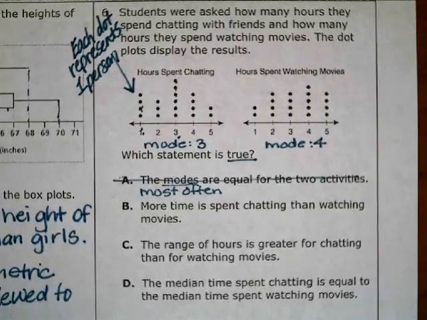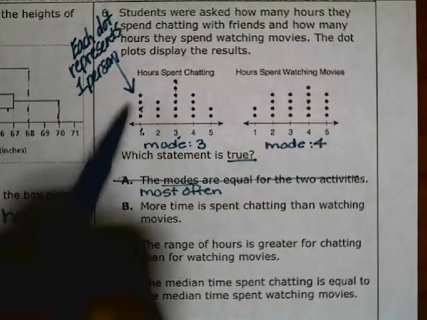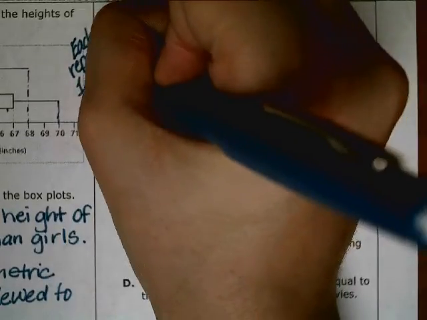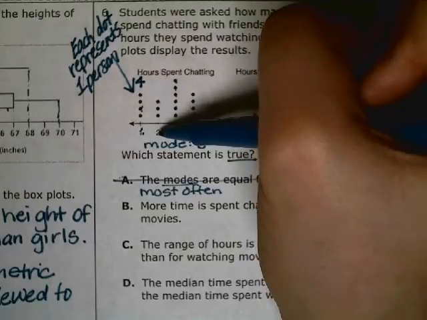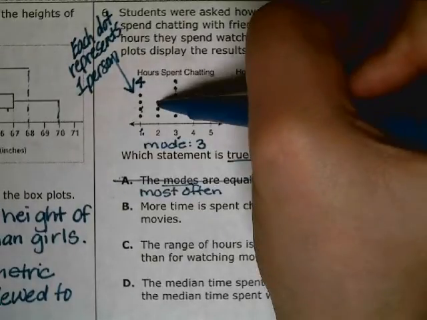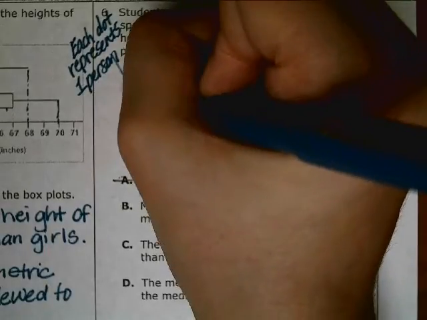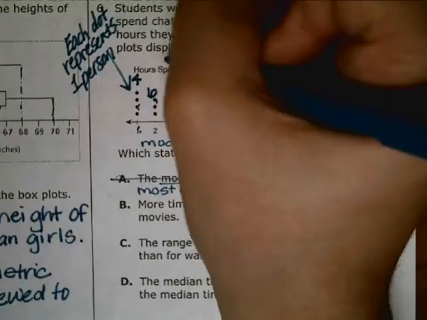So to determine this, we need to add up all of our hours that people calculated. So if 4 people said 1 hour, that makes a total of 4 hours. 3 people chose 2 hours. 2, 4, 6. So that concludes 6 hours. 6 people chose 3.